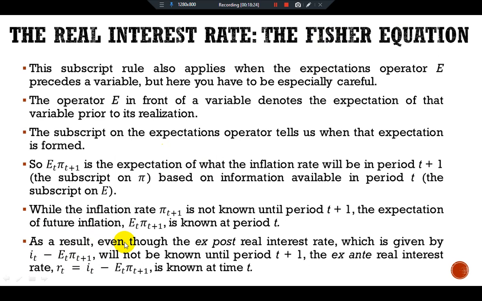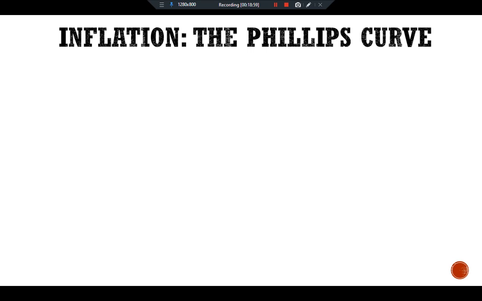As a result, even though the ex post real interest rate, which is given by i_t − π_{t+1}, will not be known until period t+1, the ex ante real interest rate r_t = i_t − E_t π_{t+1} is known at time t.